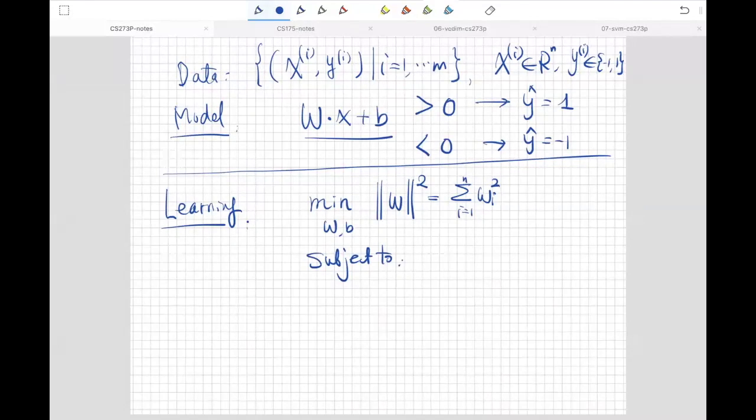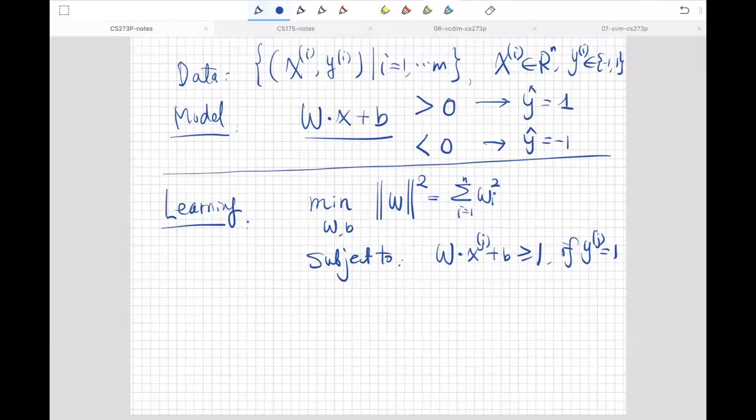What are the constraints? The constraint is that W dot Xj plus B needs to be greater than 1 if your label Yj is equal to 1. So if it's above that plane, you want to make sure it crosses the separating boundary.